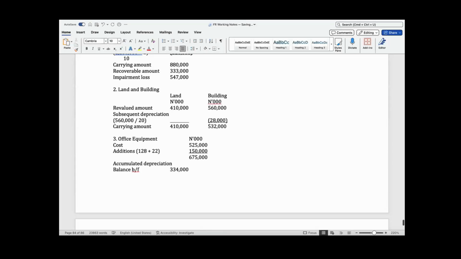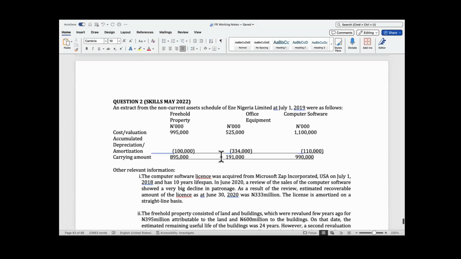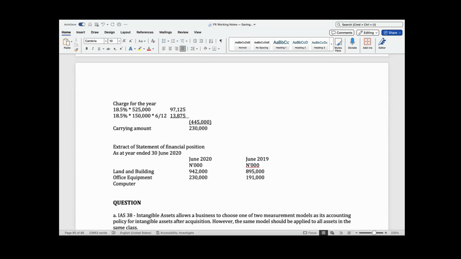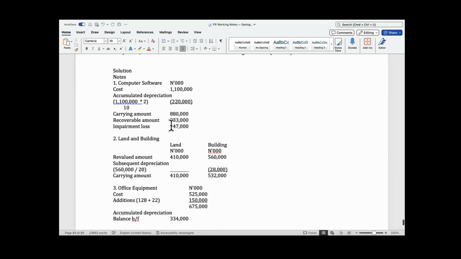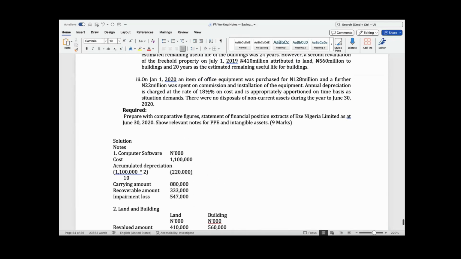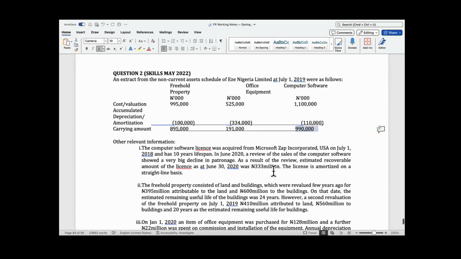And in June was how much? It was 191. Then we can do computer software last. Computer software is 333. And opening was how much? 990.